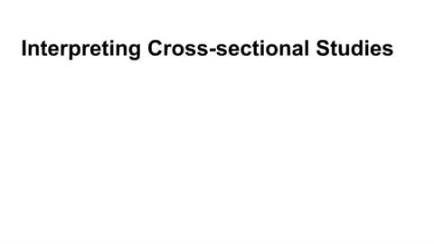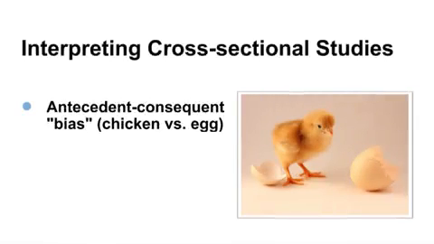Sometimes there can be issues with interpreting cross-sectional studies. Antecedent consequence bias affects cross-sectional studies and case control studies, but not cohort studies. In cohort studies, persons are selected for study because they are exposed or non-exposed while they are still at risk and thus disease-free. For example, if you were investigating diet and arthritis, in a cohort study, we obtain data on diet at baseline before any of the study subjects have evidence of arthritis.